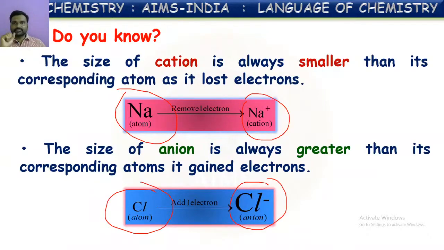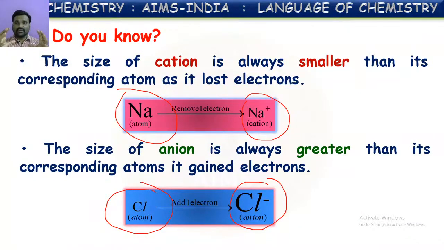Why? Because chlorine, as we know, has atomic number 17. It has 17 electrons in its orbits. When it gains one more electron, the number of electrons becomes 18. So the accommodation of these electrons becomes tight, and hence they move a little away from the nucleus. So size increases.